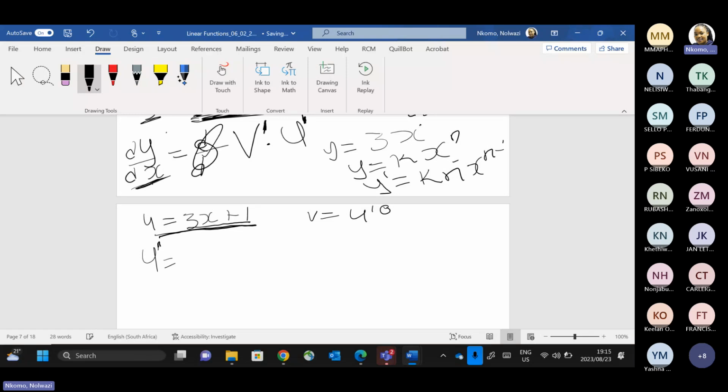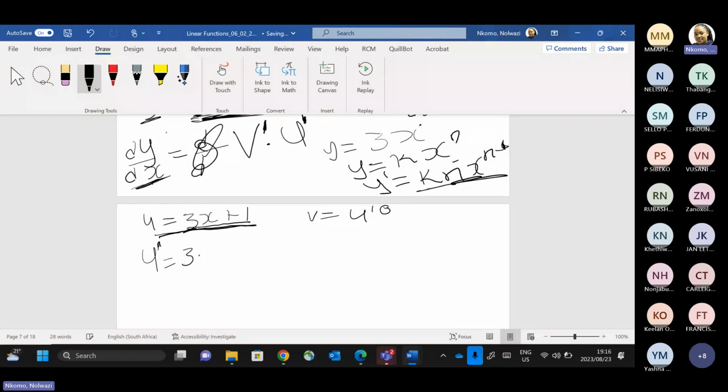In this case, we take k as 3 and n as 1, and we substitute back here.